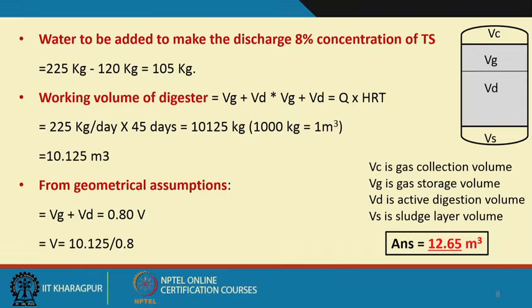In the active digestion volume, the municipal solid waste will undergo degradation processes like hydrolysis, acidogenesis, acetogenesis and methanogenesis, and will give the gas and the sludge. The sludge will be stored in the sludge layer volume, and the gas will be stored in the gas storage volume, and it will be collected from the collection volume area.